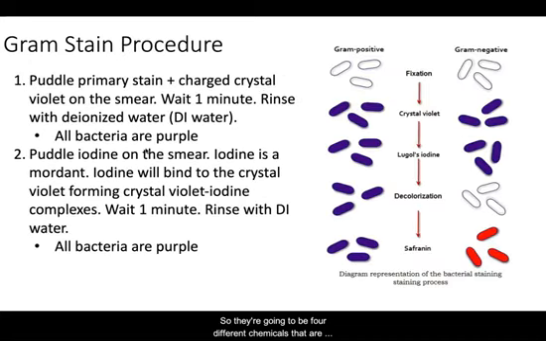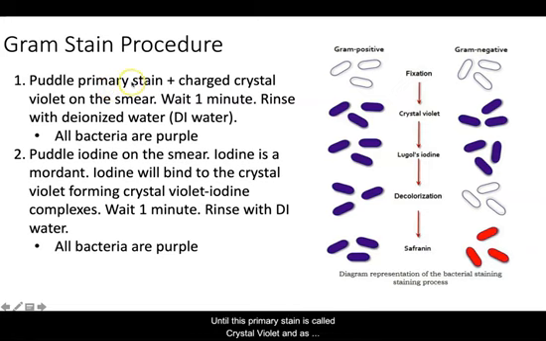So what does this stain actually look like? There are going to be four different chemicals that are added to the bacteria during a gram stain. And the first thing that you need to do is get your bacteria that you're interested in onto a slide. So it's called making a bacterial smear. And then the first dye that's added, remember there are two dyes during a differential stain, which a gram stain reaction is a differential stain, so the first of two is called the primary stain.